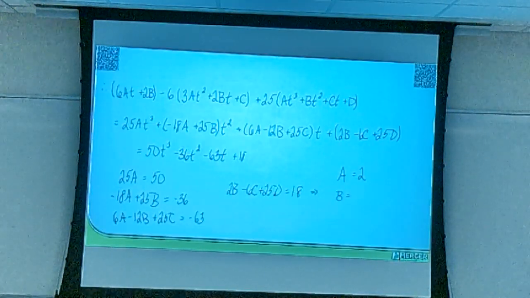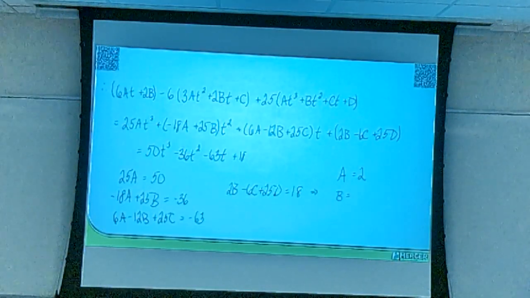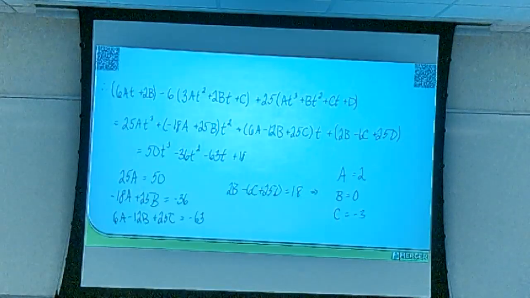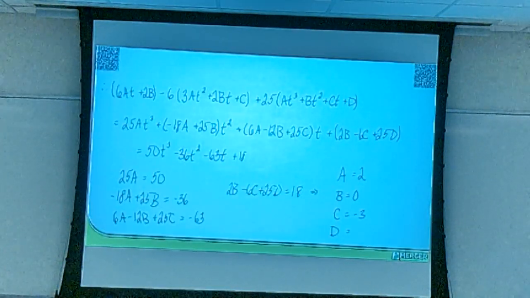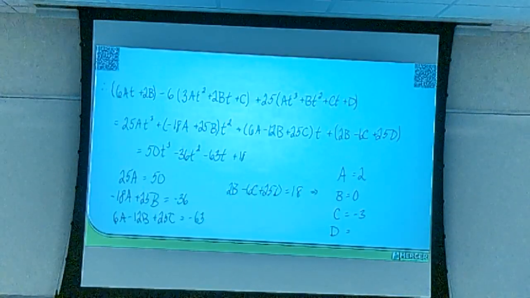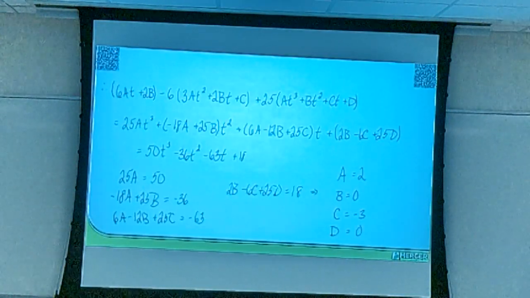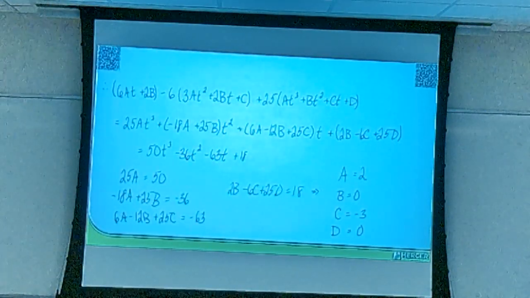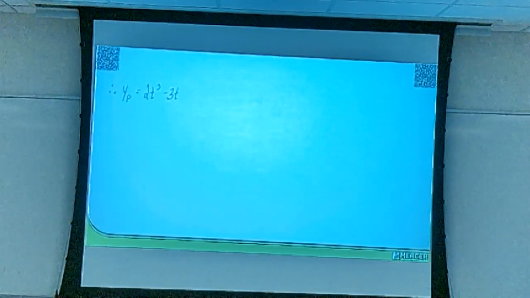And what should b be? 0. And what's c? Negative 3. And what's d? So the particular solution is just 2t cubed minus 3t.